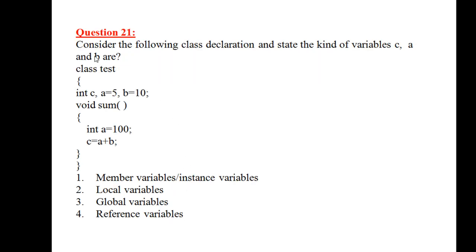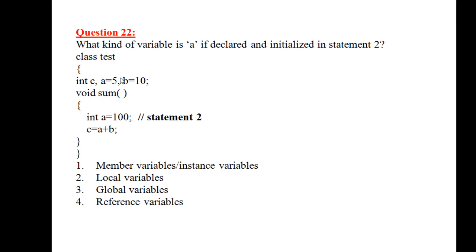Question number 21. Consider the following class declaration and state the kind of variables C, A and B are. C, A and B are declared in the class wrapper without static. So these are all instance variables or member variables.